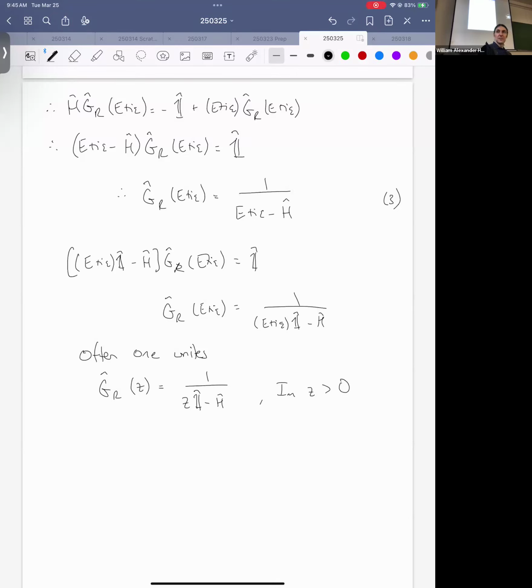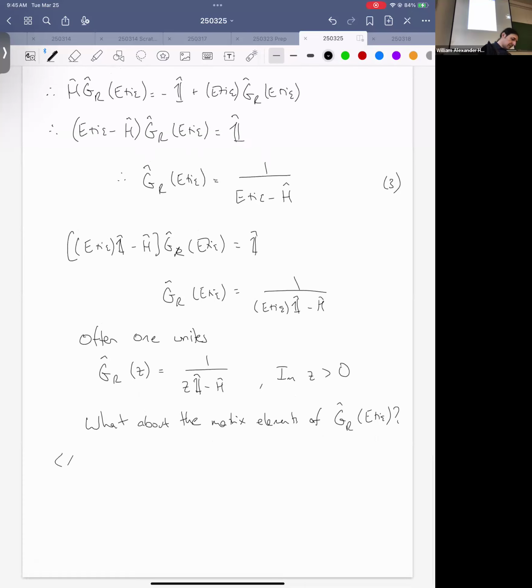All right, what about the matrix elements of this object? Well, let's examine <x|G^R(E + i epsilon)|x0>. Forgive me for dropping the identity there.